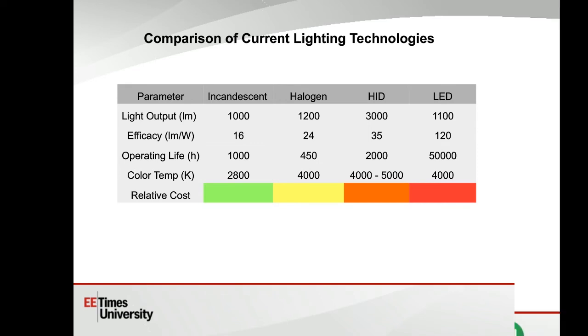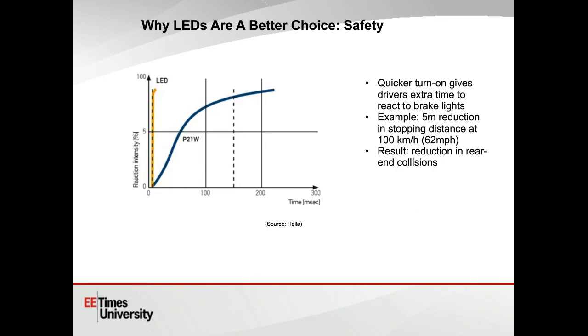So let's just talk a little bit about why LEDs are a better choice. The first thing that we should mention is that LEDs turn on much quicker than other technologies.